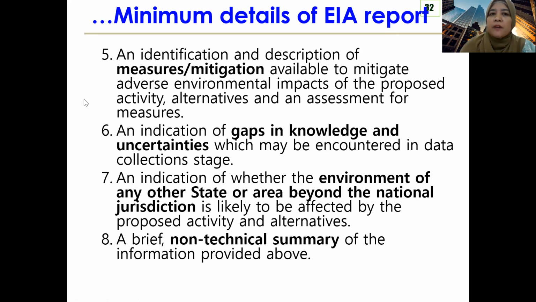So in the above, okay, maybe the information given are more technical. Maybe you give the names of the species being threatened, for instance. Or in terms of noise pollution, you give in terms of decibel, berapa 80 decibels or 100 decibels, the measurement kan. But then at the end, also in the report, you must insert a summary in layman's language, non-technical summary.